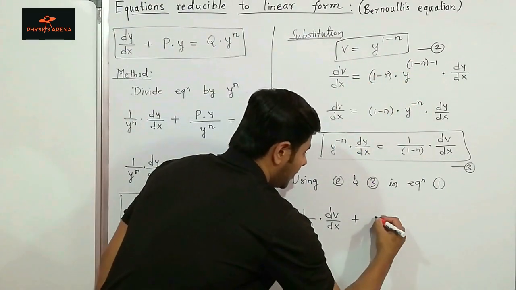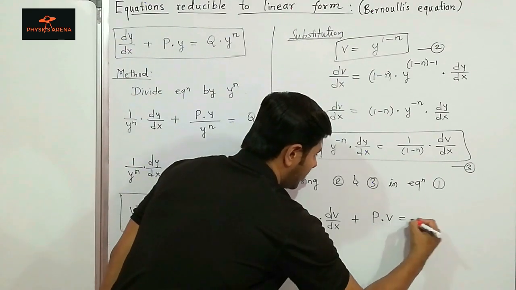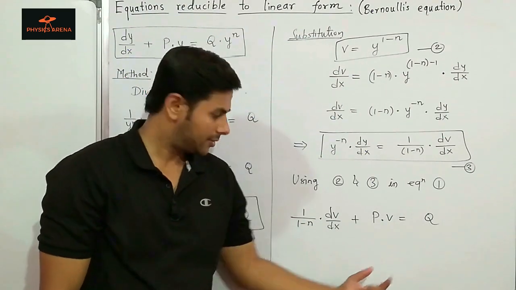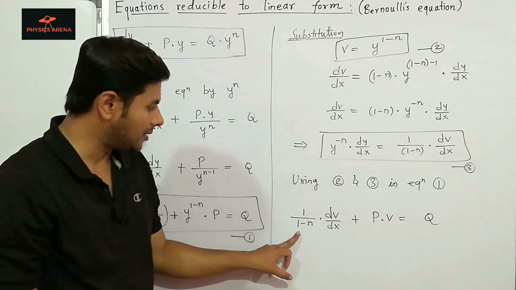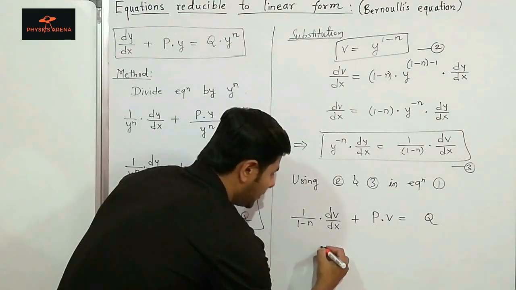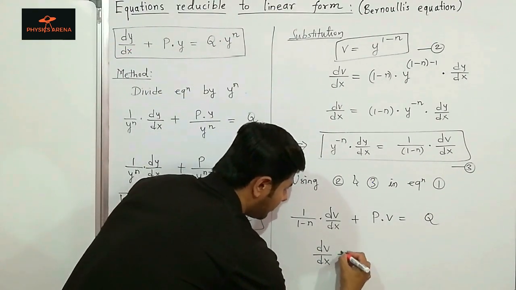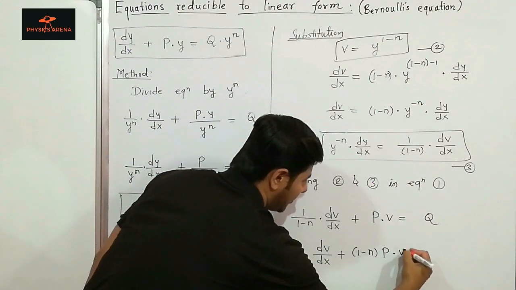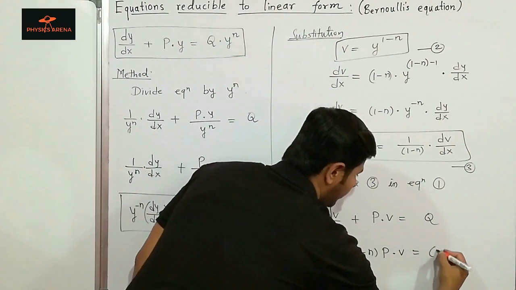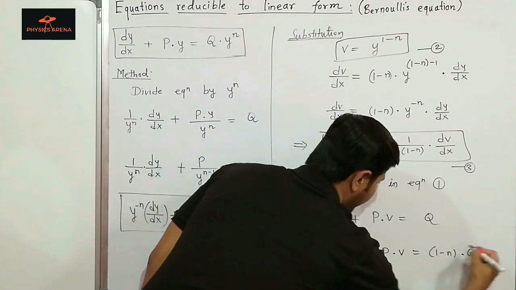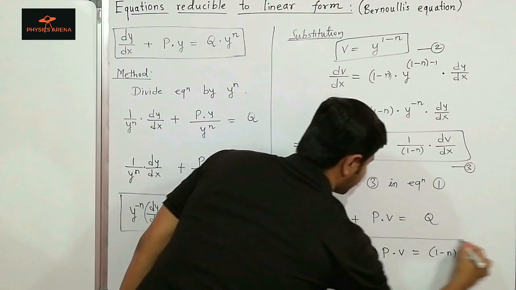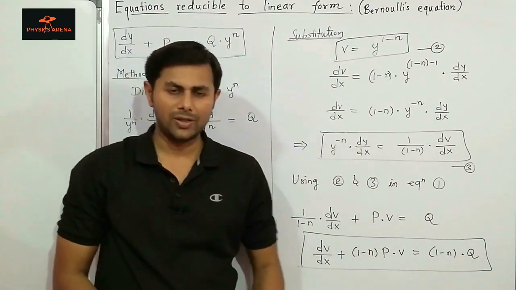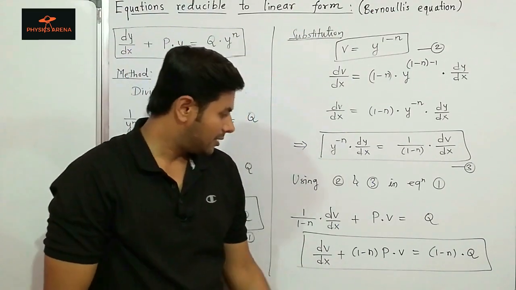So this is p multiplied by v equals to q. Now if we multiply this whole equation by 1 minus n, what we get is dv by dx plus 1 minus n times p multiplied by v equals to 1 minus n multiplied by q. Okay, so this is the first order linear differential equation in terms of v.